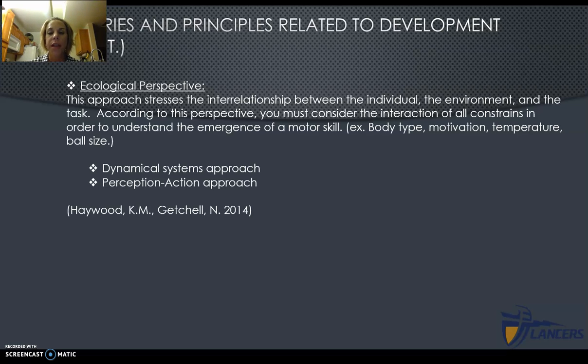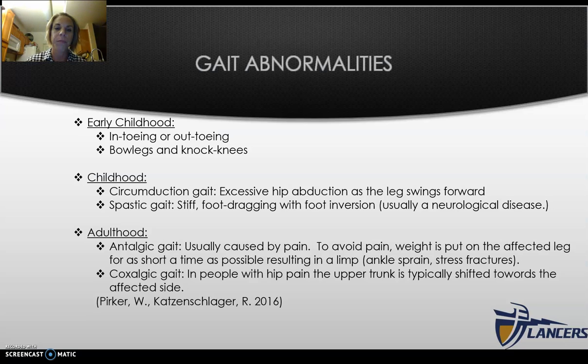So things like the individual's body type, their motivation to want to develop and walk, the temperature, as an example, say they're holding a ball, what the ball size is. And then that goes into the ecological perspective, goes into a dynamic systems approach and perspective action approach.